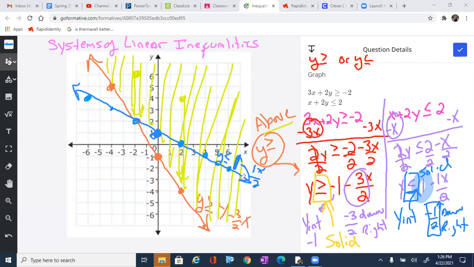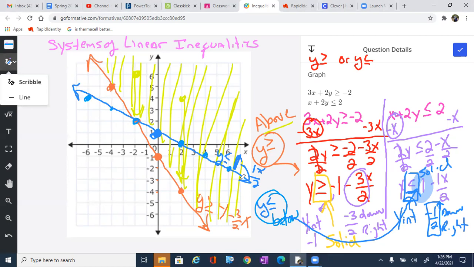Now I just need to determine where to shade. Here's the tricky part. This one says y is less than or equal to. What that means is that we are going to be graphing below because it is less than.